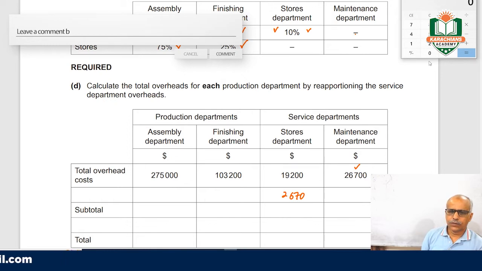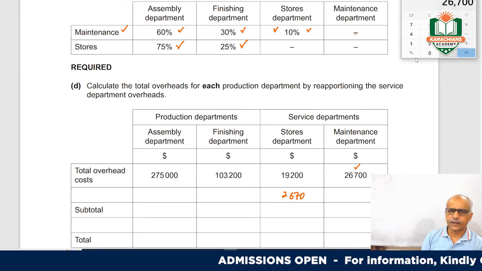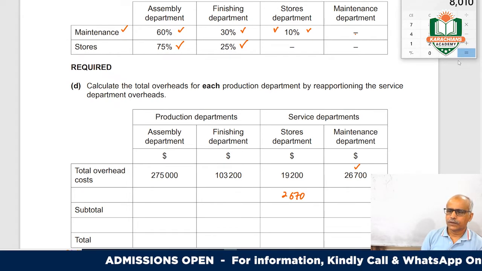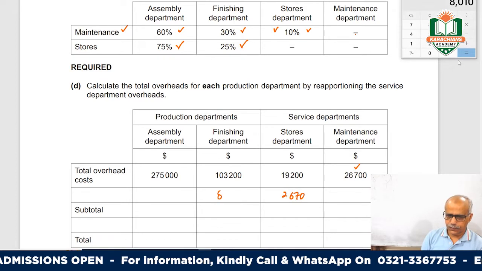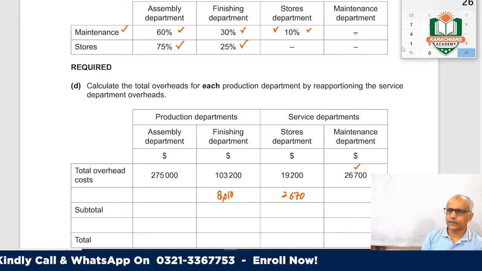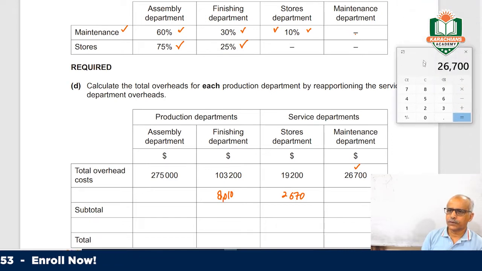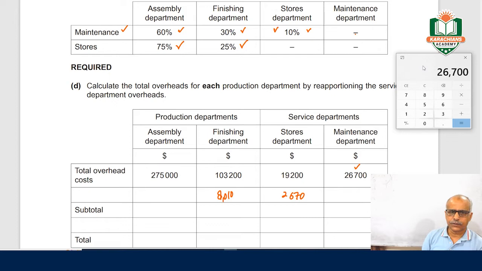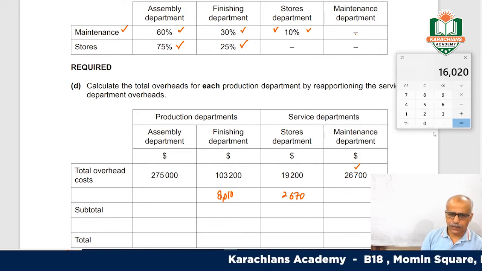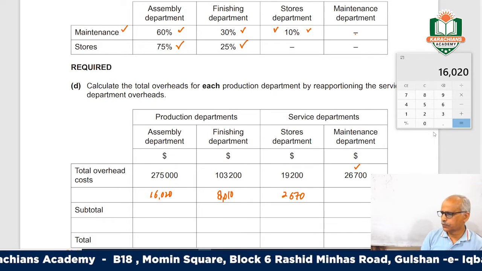And 30% of 26,700 will be charged to finishing, which is 8010, and 60% will be charged to assembly department, 16020.